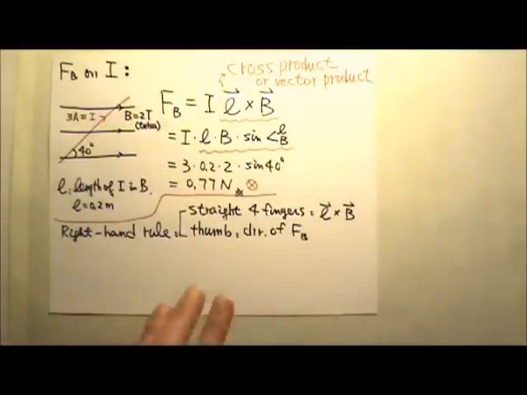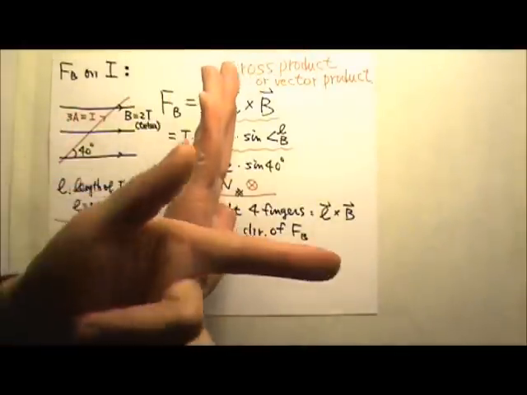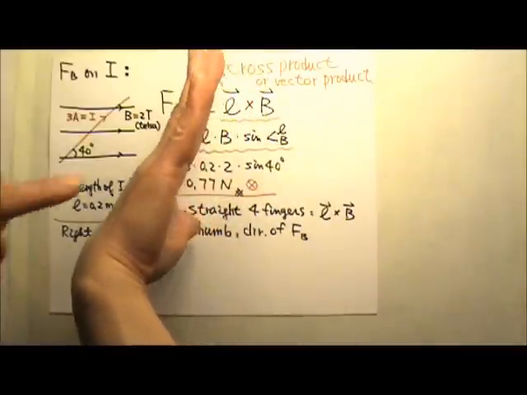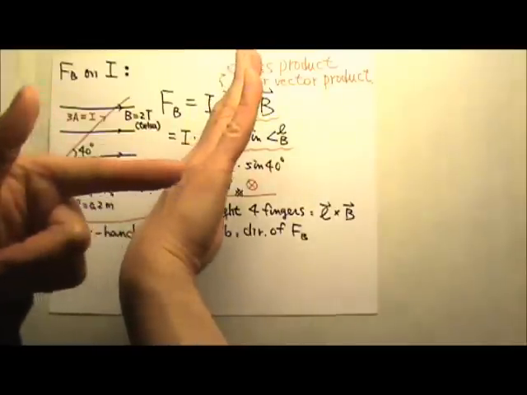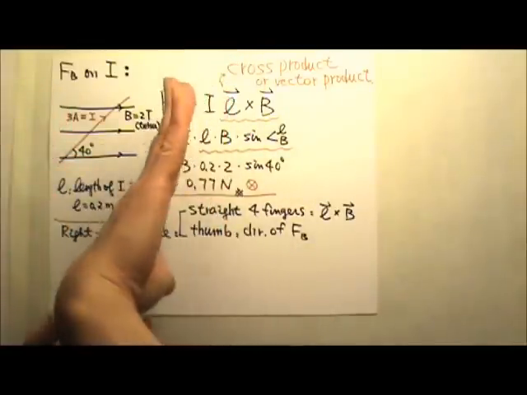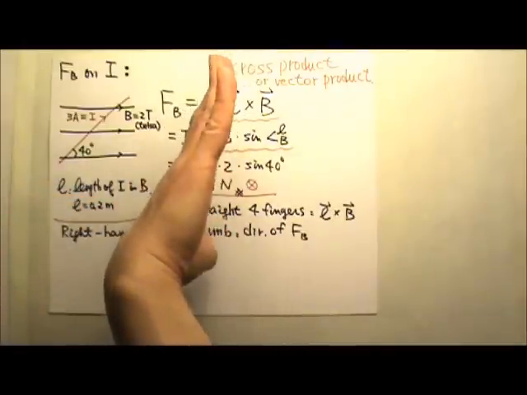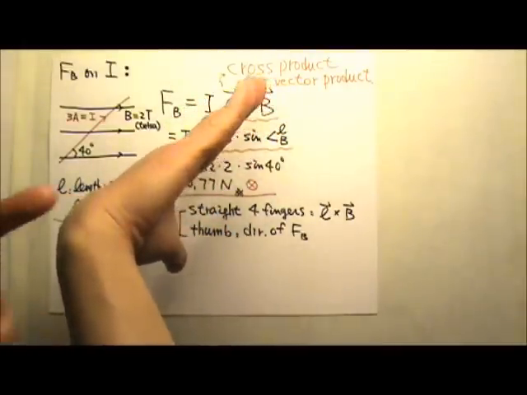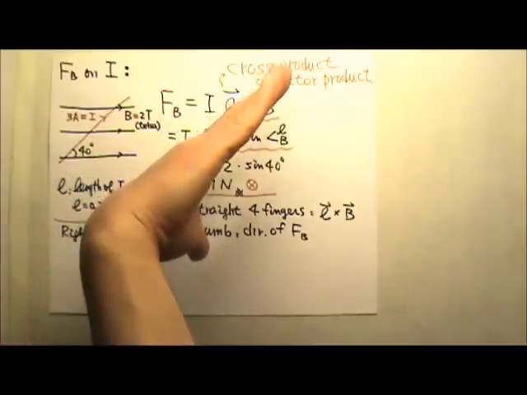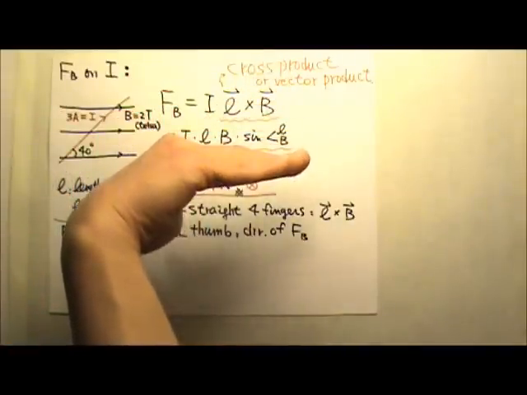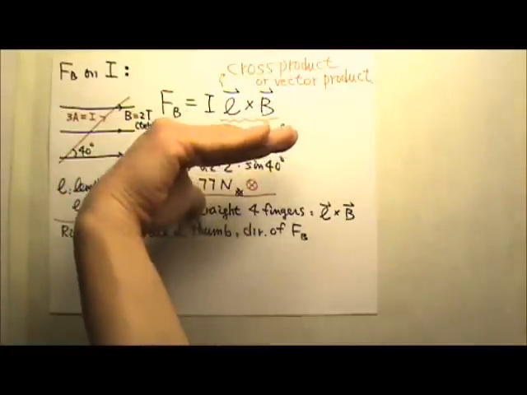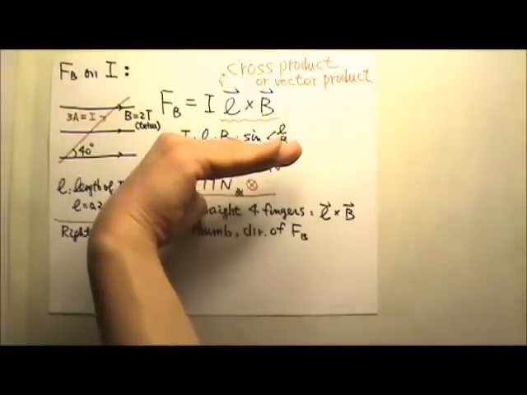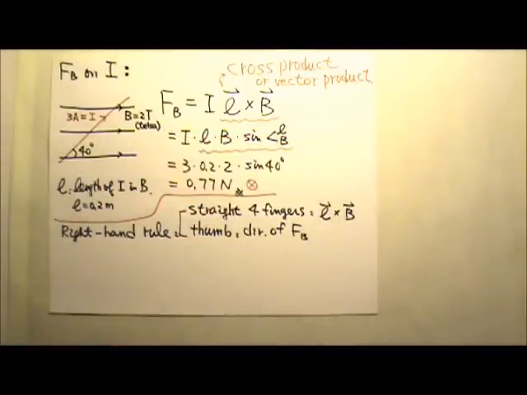Or what you can do is you can point your palm in the direction of B. Because if you want to be able to bend your forefingers to B, your palm sort of has to face the direction of B. So you face your palm in the direction of B and then get your forefingers in the direction of L. Now you can do the L cross B. That means the thumb gives you the correct direction for magnetic force. We'll do more practice in the next lesson.